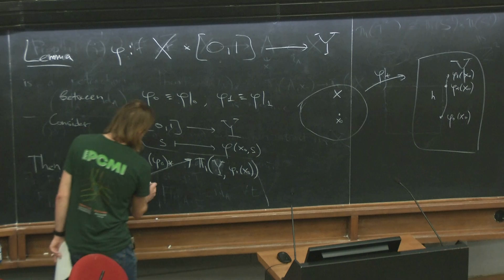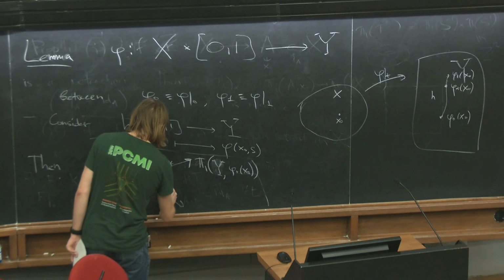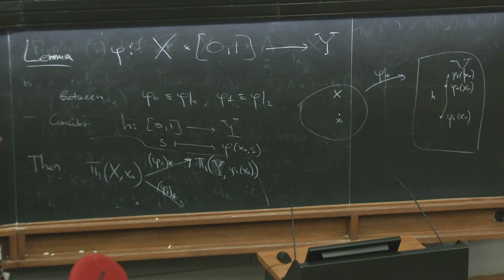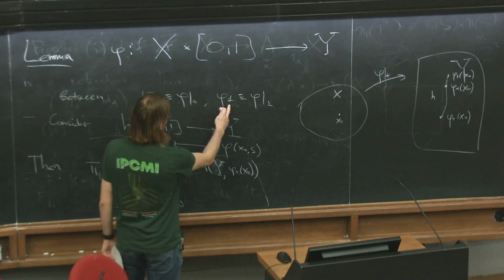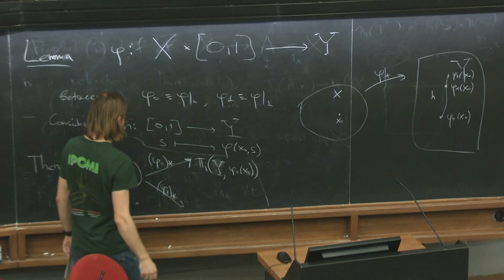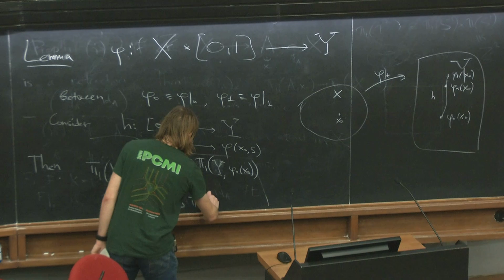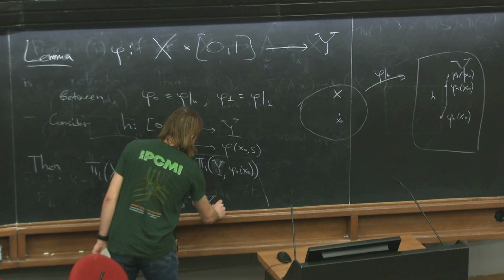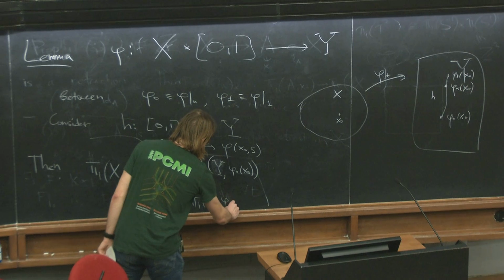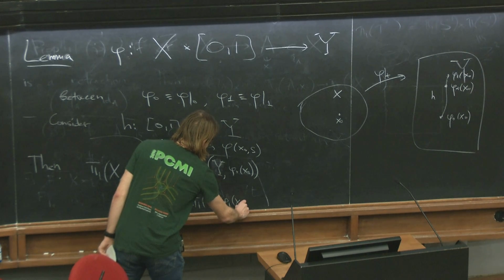You can also consider the push forward of phi_1, the final map in this family, valued in pi_1 of Y but with base point phi_1 of x0.